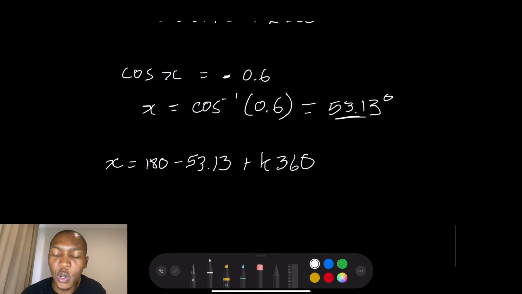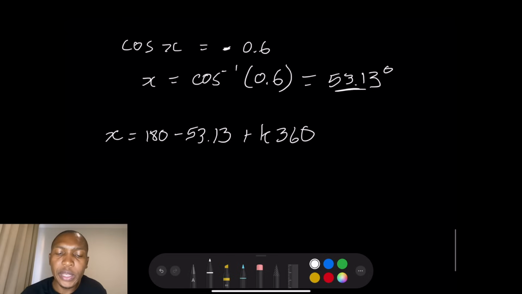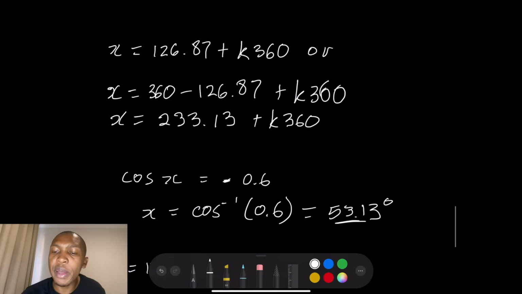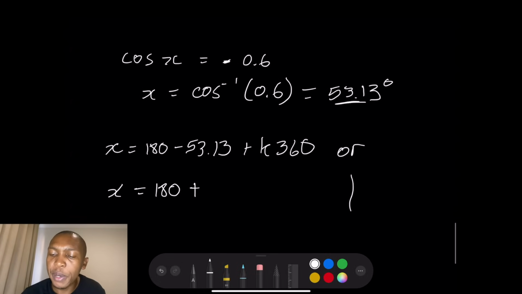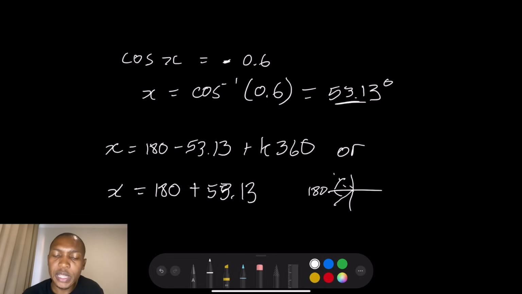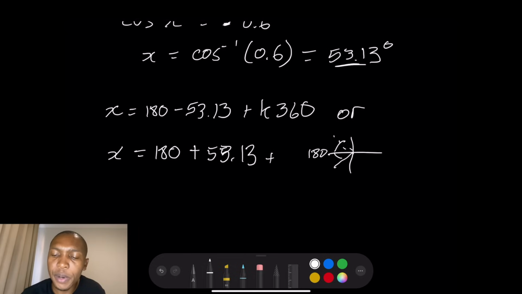Or for my angle in the third quadrant, that's 180 plus. So remember, if I draw my Cartesian plane, that's 180 here. Second quadrant, it's 180 minus, but third quadrant would be 180 plus. So that would be 180 plus 53.13, of course, plus k360.